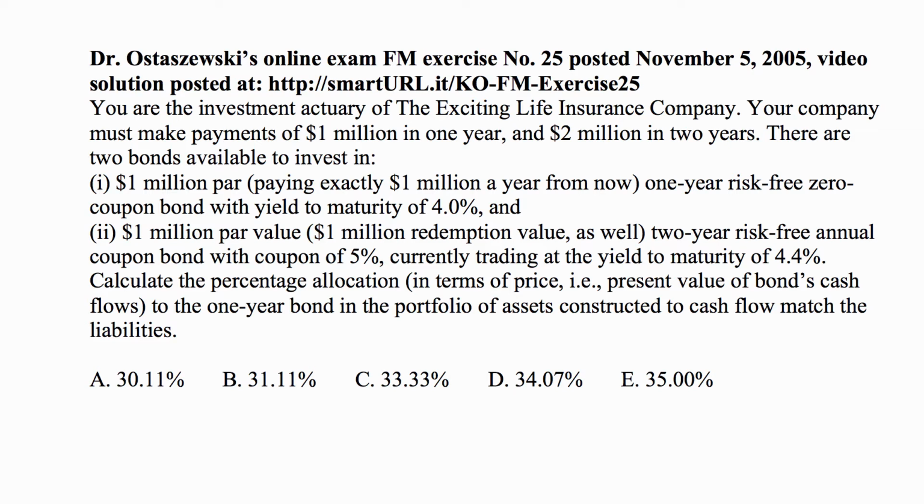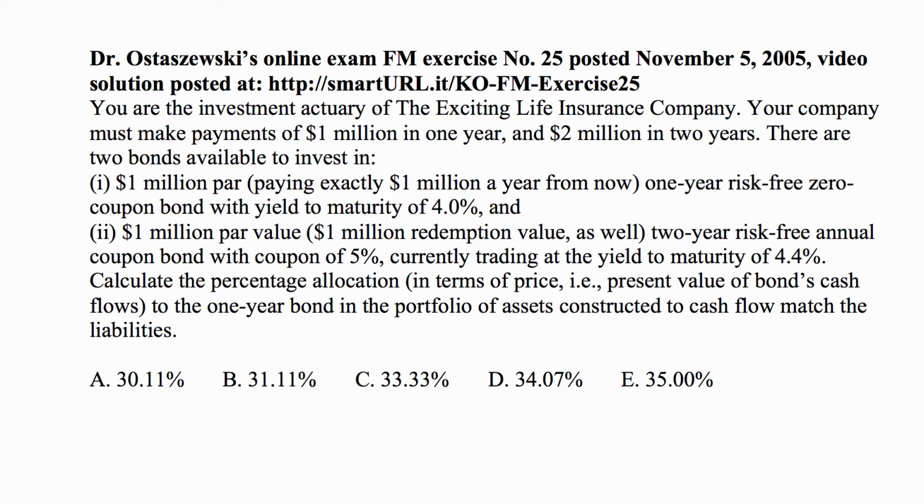Here is a problem for Exam FM on financial mathematics. You are the investment actuary of the exciting life insurance company. Your company must make payments of $1 million in 1 year and $2 million in 2 years. There are 2 bonds available to invest in: a 1-year risk-free zero coupon bond with $1 million par value, paying exactly $1 million in a year from now, with yield to maturity of 4%, and a 2-year risk-free annual coupon bond with $1 million par value and $1 million redemption value as well, with coupons of 5%, currently trading at the yield to maturity of 4.4%.